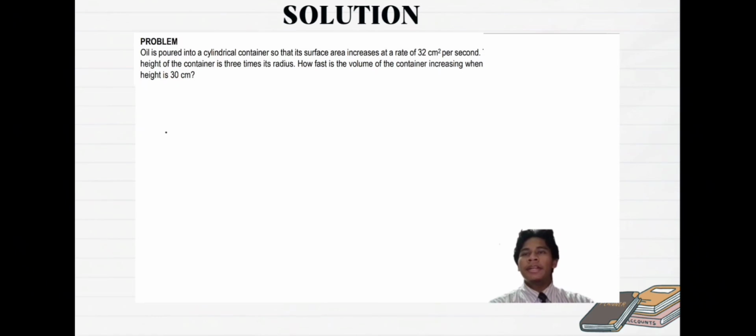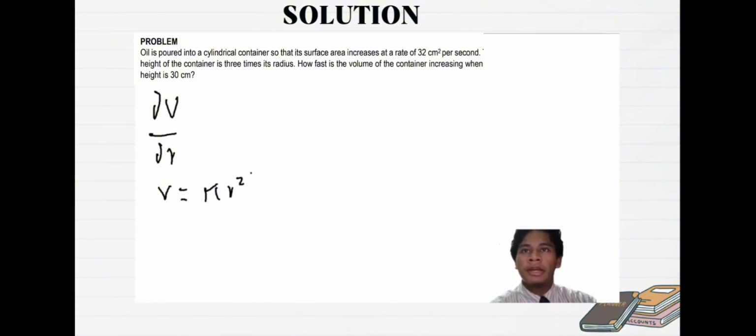Now we need to find dV/dr. To get dV/dr, we first need to know the formula for the volume. Since it's a cylindrical container, the formula for the volume is pi r squared times h. Since we want dV/dr, we don't want the h.